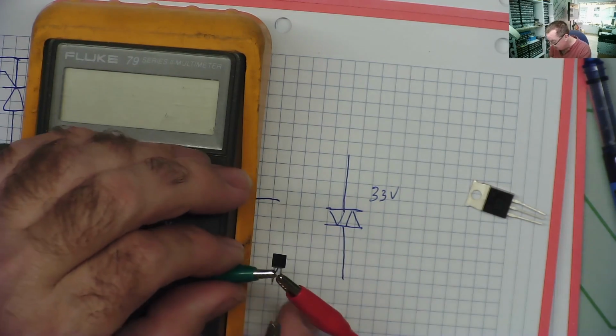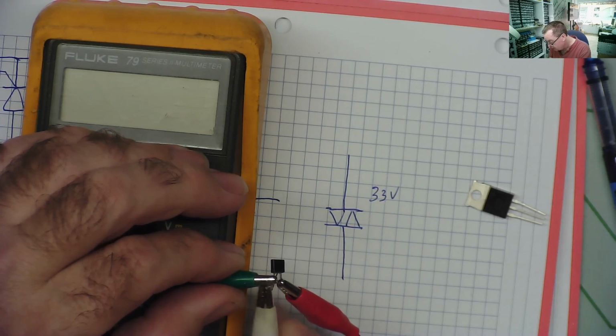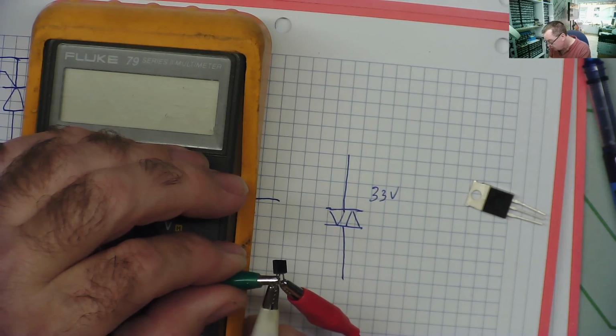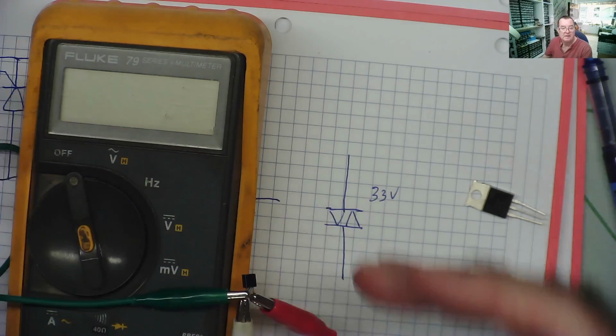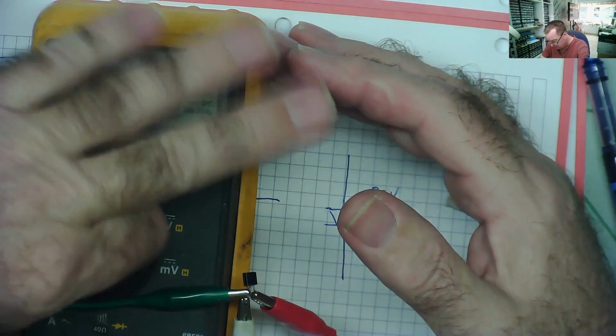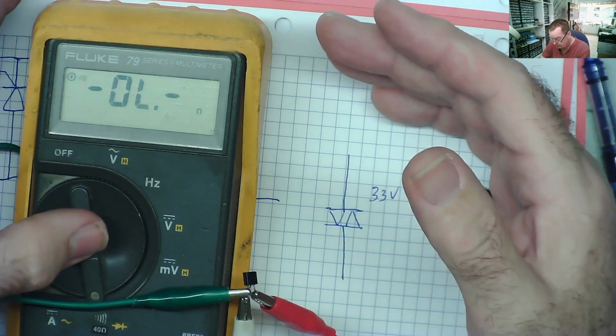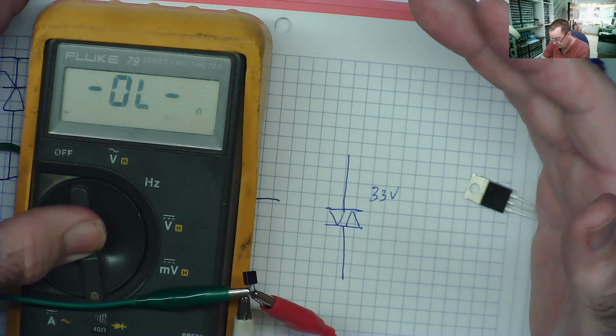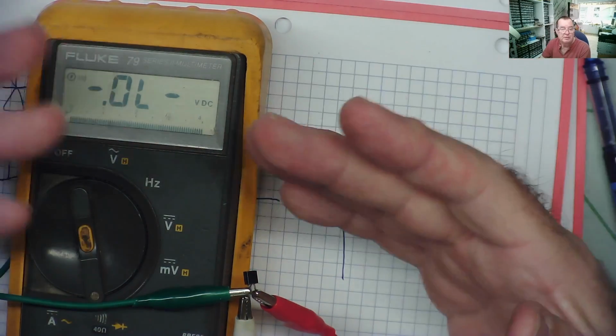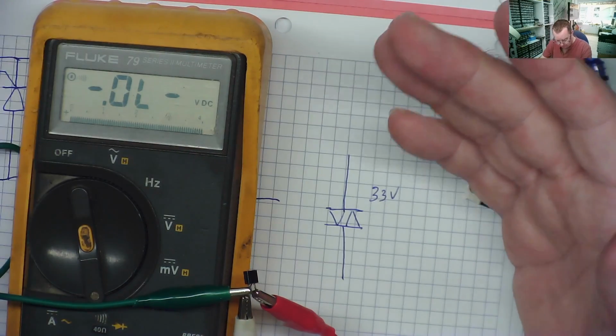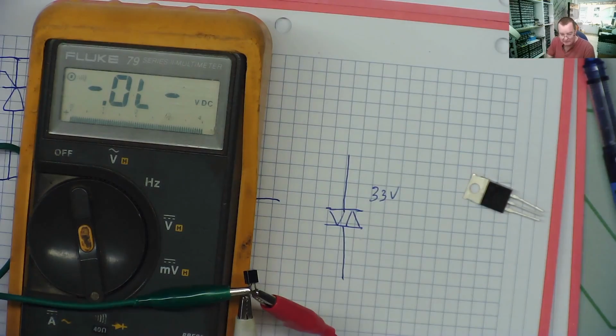Let's attach 3 wires. Okay, now I'll put my meter onto diode mode, and if it's a good thyristor, it shouldn't conduct. The switchable diode is switched off.